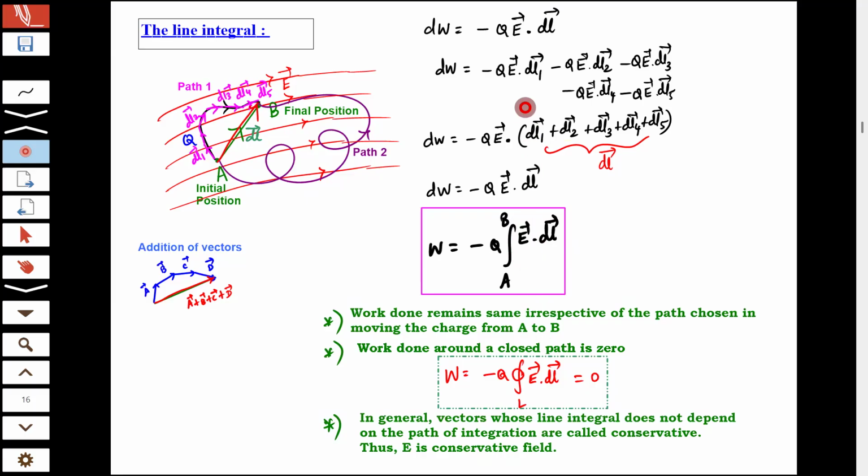So these are the realizations of the line integration in evaluating the work done. And we have also understood that the work done around a closed path is 0, which says the energy spent is again gained by the system. That indicates the net work done is 0.